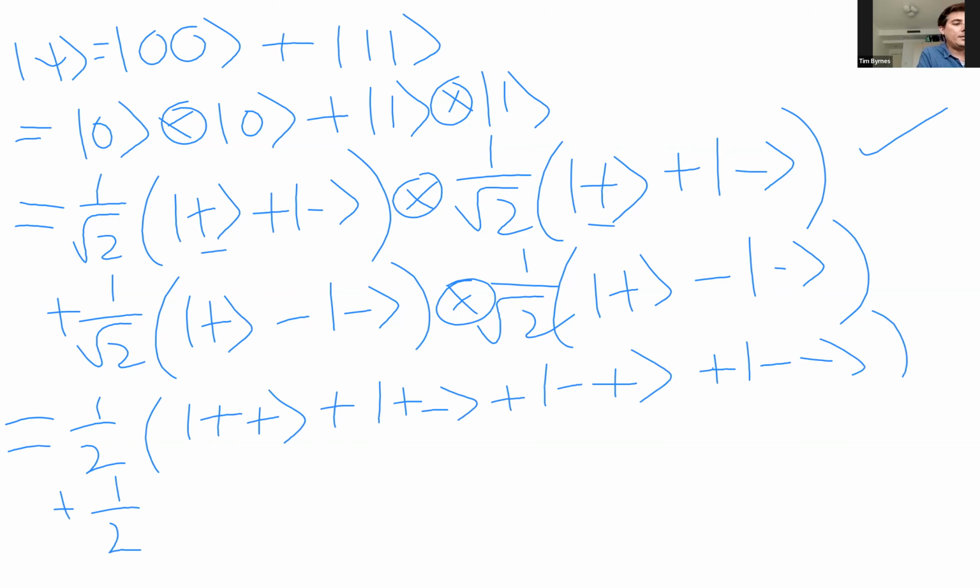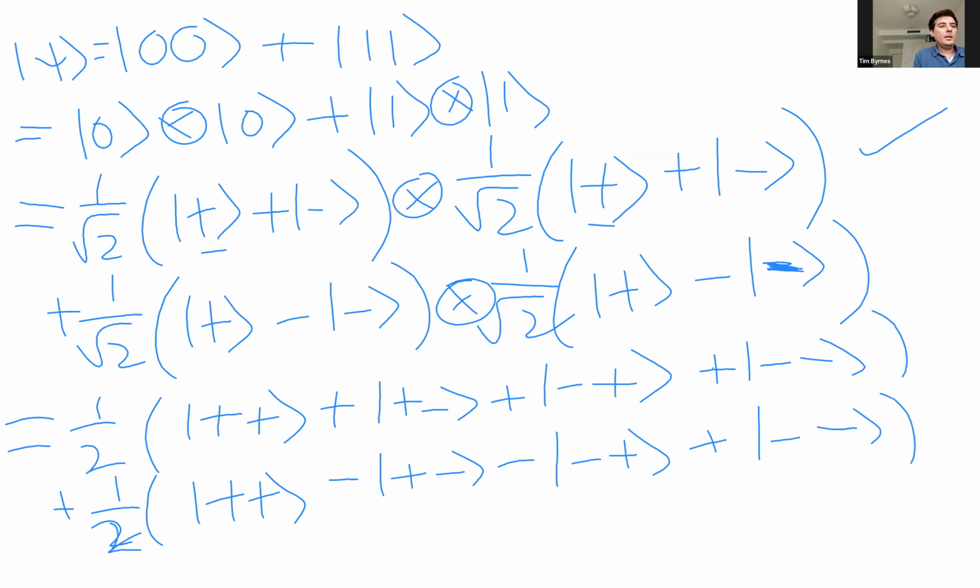The second line is kind of similar, but there'll be some minus signs because, for example, this term here has a minus sign in front of it. So this will be plus minus, this will be minus plus, and finally minus minus.